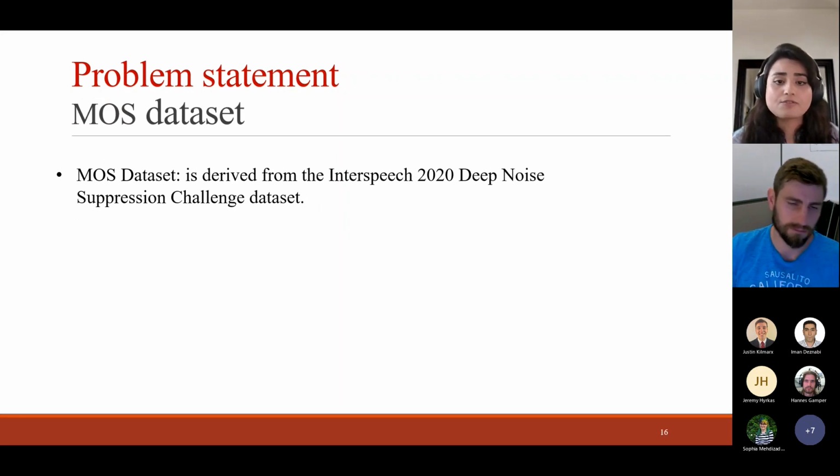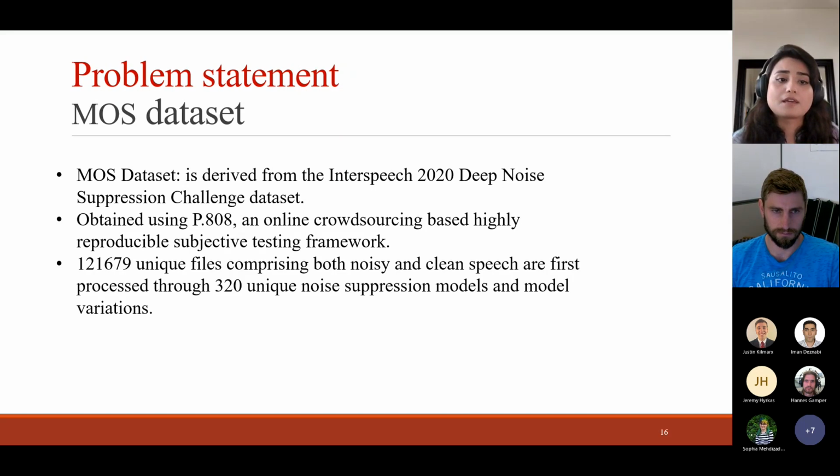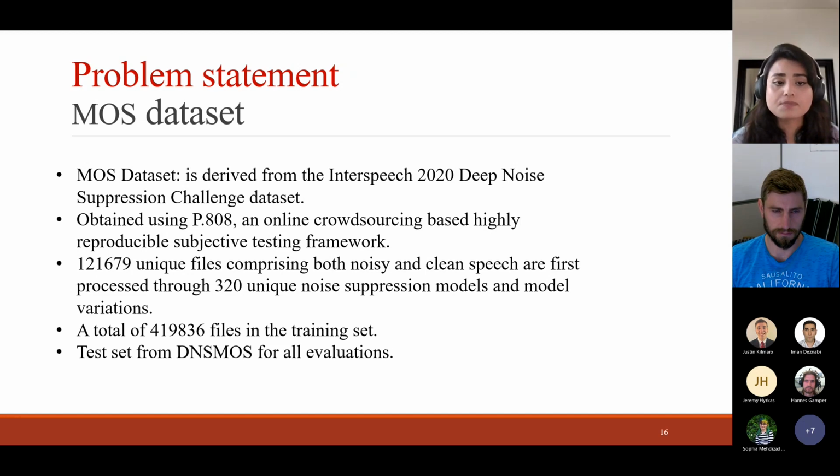The second data set is derived from the InterSpeech 2020 Deep Noise Suppression Challenge and obtained in the P808 crowdsourcing-based subjective testing framework. It's about 100,000 unique files, both noisy and clean. And then these files pass through 320 unique noise suppression models and model variations in order to get the training data. In total, we have 400,000 files in the training set.